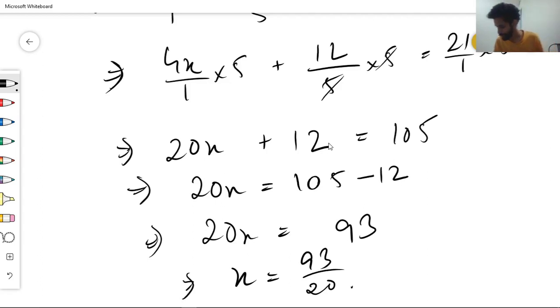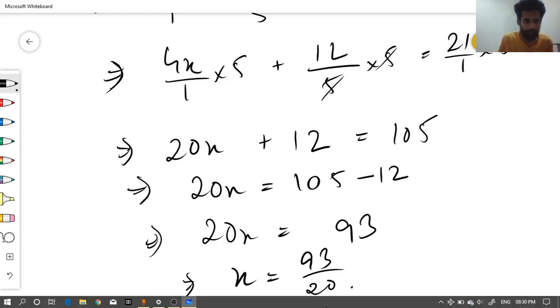Let me check this value. Yes, this is right. It is given in the mixed fraction, no need to convert it into the mixed fraction. You can write it in this way also.